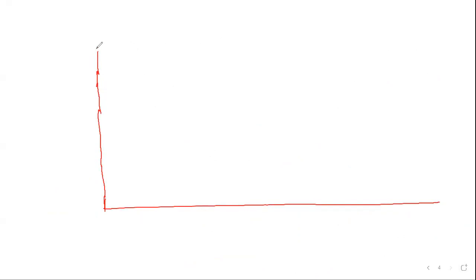So this is my volume axis. It is in liters. This is my pressure axis, which is in the unit of bar.